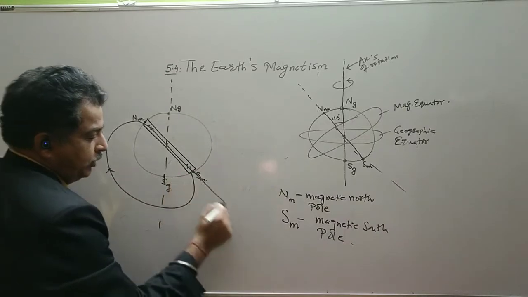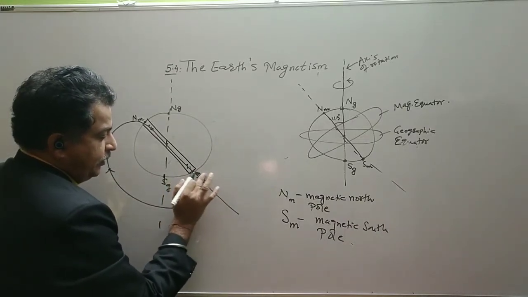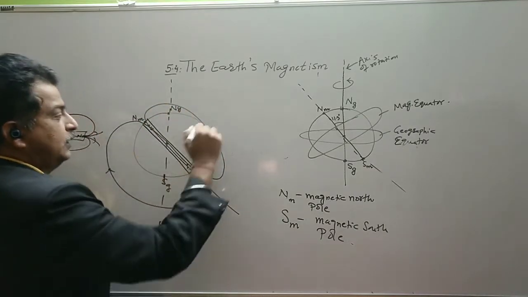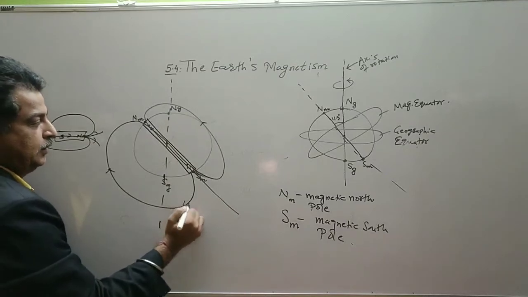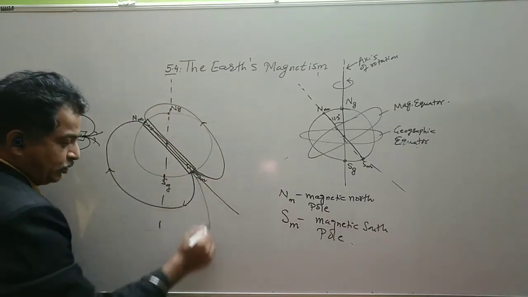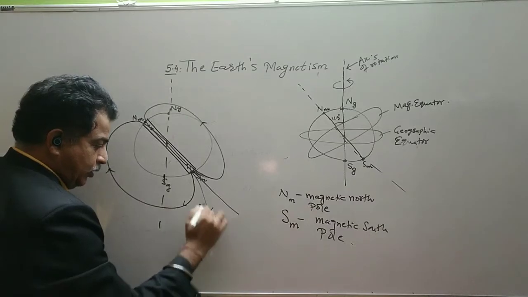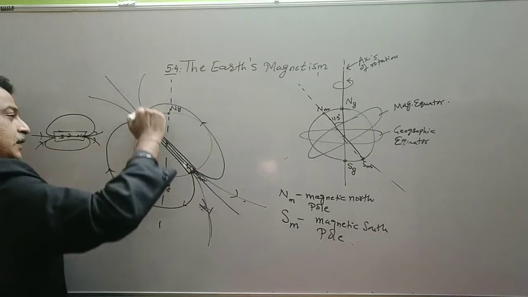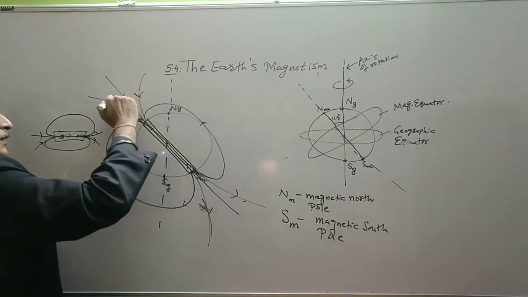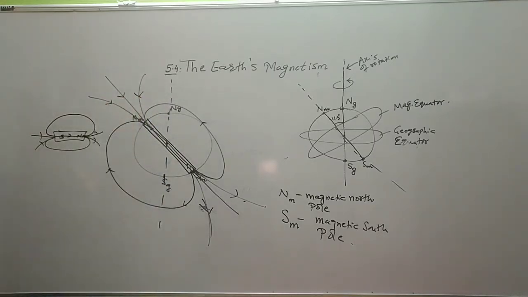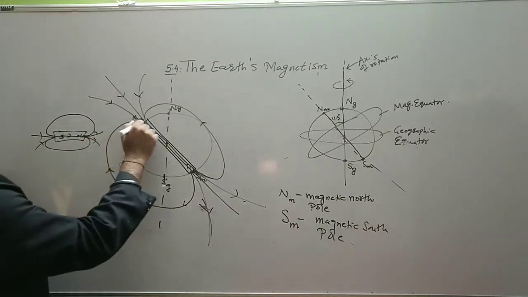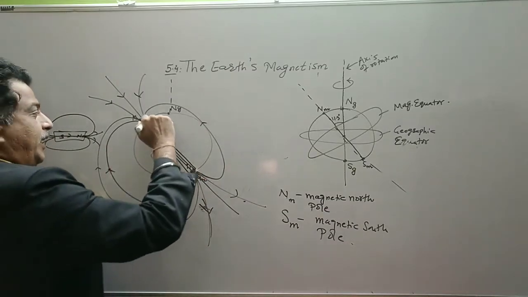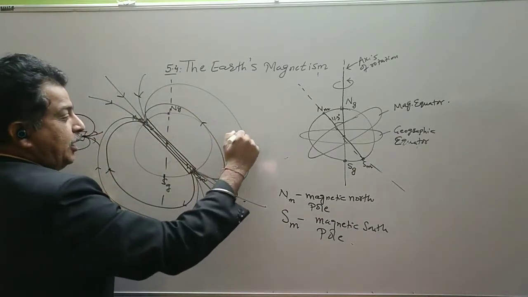So this is how the magnetic field lines originate from the south and go inside. So we draw it originating from the... So this is the magnetic field lines of the earth, which is again similar to the bar magnet, but the behavior is opposite.